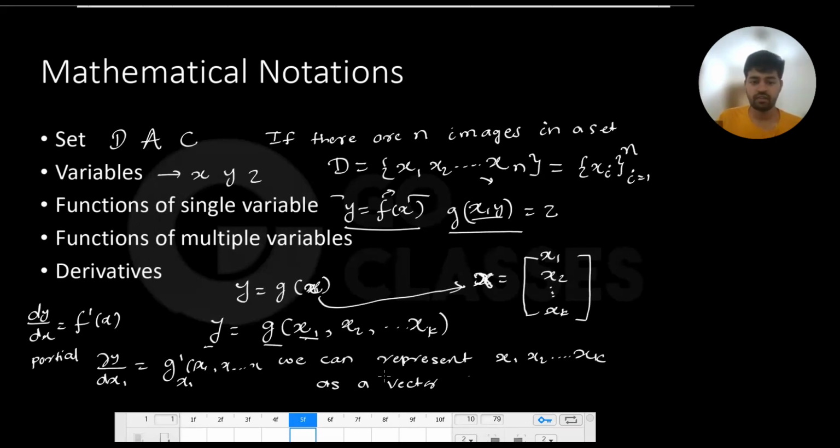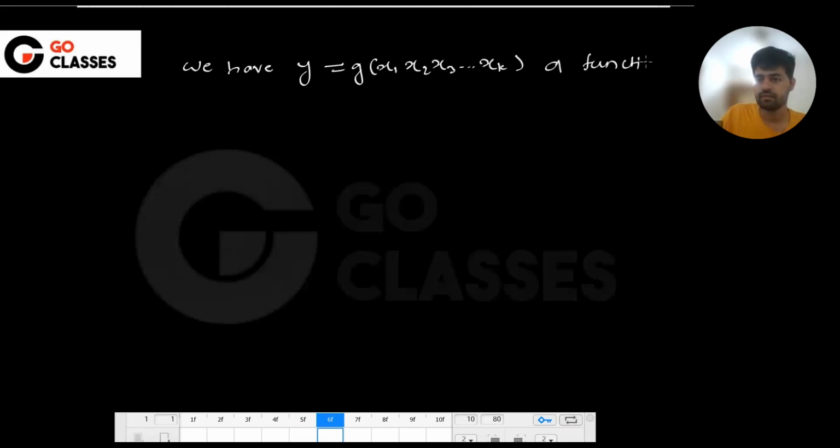There will be a different way of writing it. I'll show you how. Note that we are considering y is equal to g of x1, x2, x3, up to xk, a function of k variables.